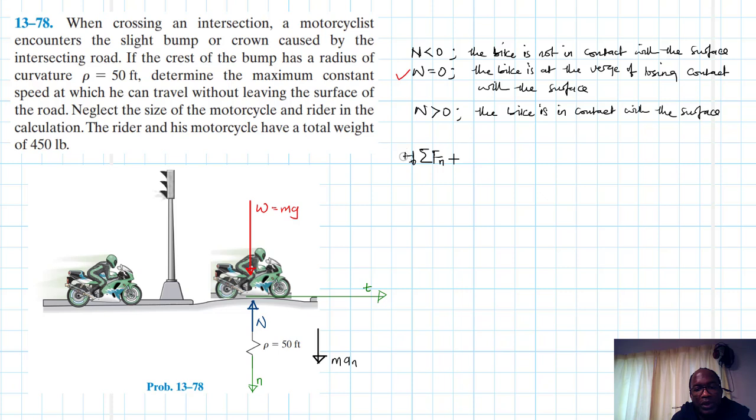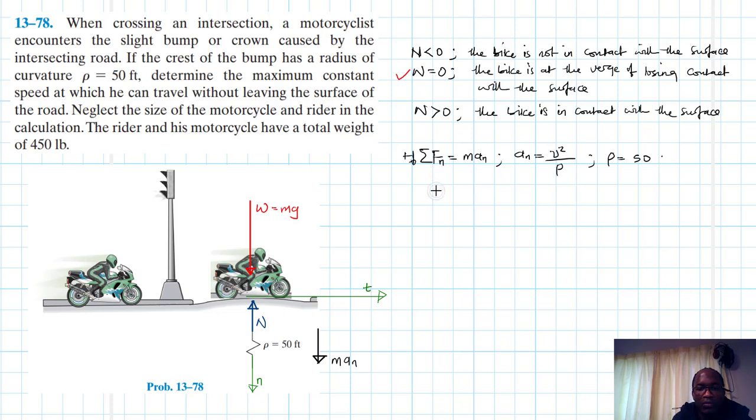Going down being our reference positive, this is equal to m a_n, where a_n is just equal to v squared, the centripetal acceleration, divided by rho, and we have rho equal to 50 feet, and we want to calculate velocity.